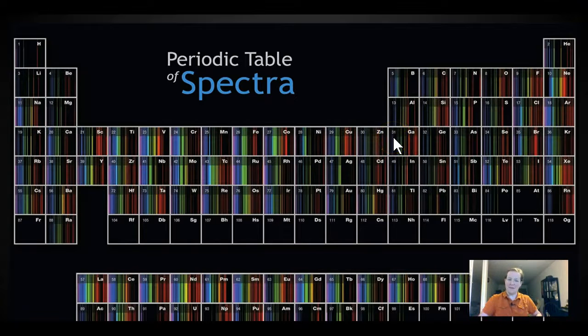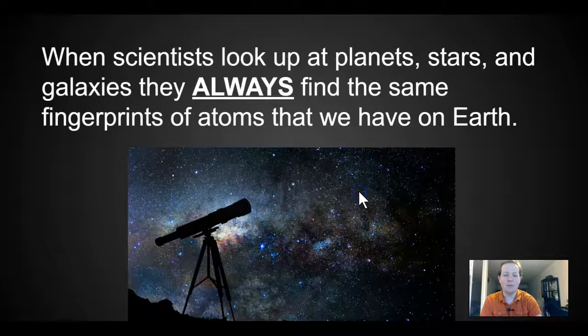Just like if you're at the scene of a crime, a police officer might find a fingerprint and compare it to yours. Scientists can compare the light to these fingerprints here. And what do we learn? Planets, stars, galaxies, they always find the same fingerprints of atoms that we have on Earth.